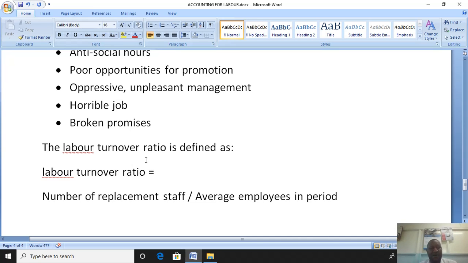That can also be summarized as the number of replacement staff over the average number of employees for a particular period. So in my next video, I will deal with labor efficiency ratios and other ratios that accompany labor costing.